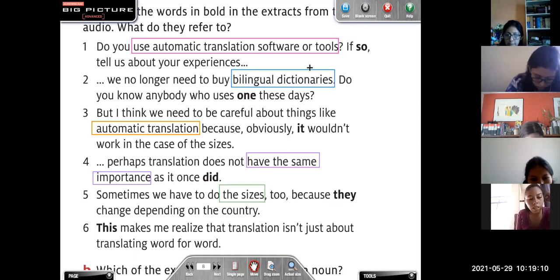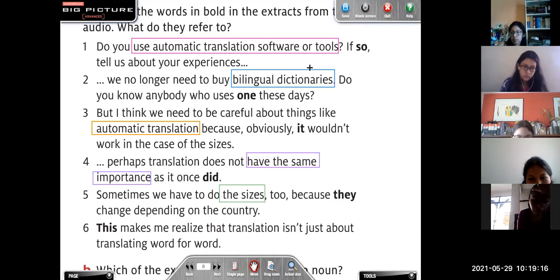Okay, well, not exactly automatic translation, but the fact that we can't translate some things in the correct way. This makes her realize that translation isn't just about translating word by word. Okay, so because there are some words that can be translated with this kind of software.